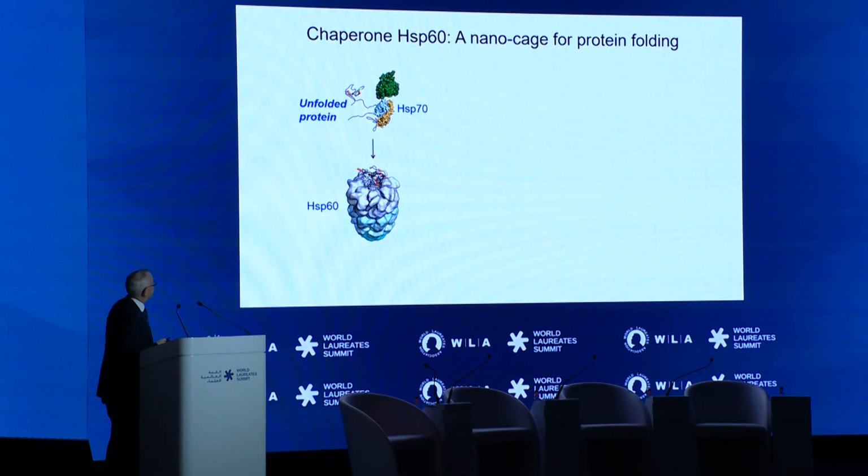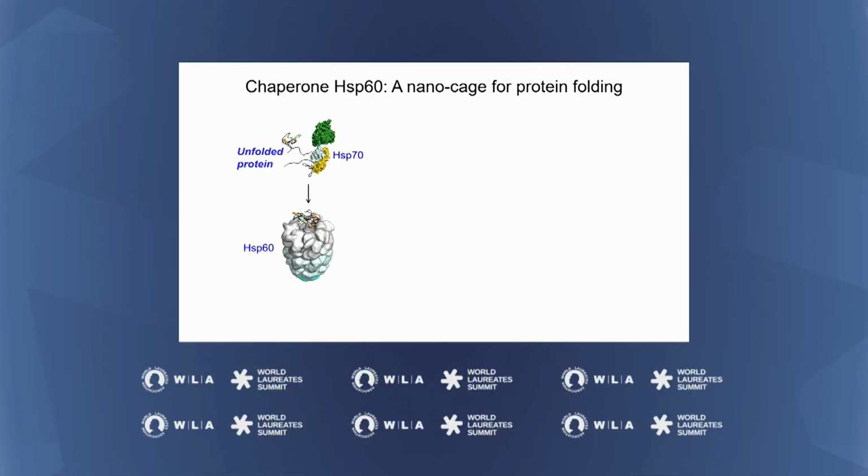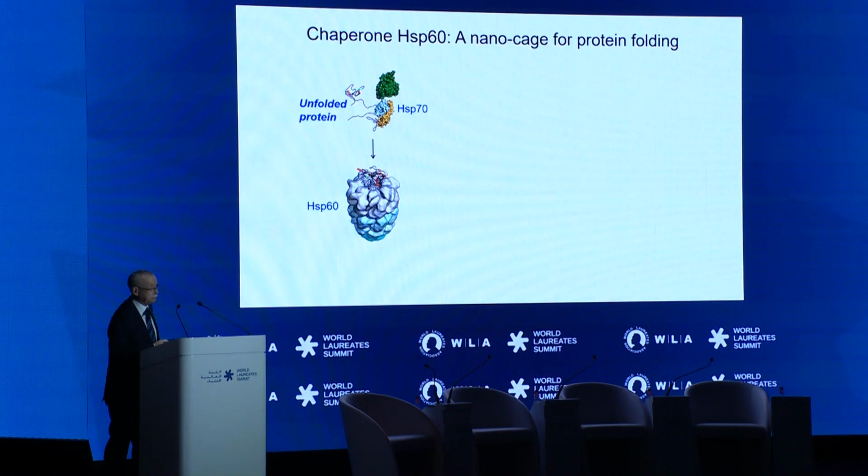I'm showing you here how the chaperone system can avoid this from happening using the HSP60 as one of the best studied systems. The HSP60 is a container. It receives unfolded protein from another chaperone called HSP70.